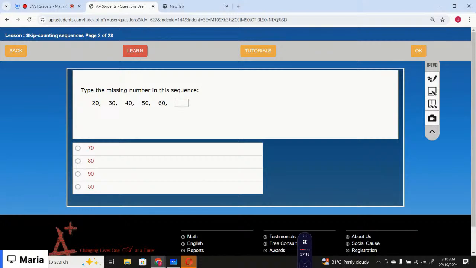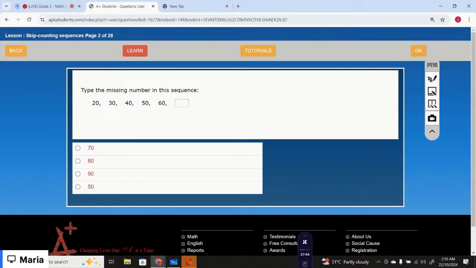The next one is 20, 30, 40, 50, 60. So which is the next number? Basically that is the skip count by 10, right?